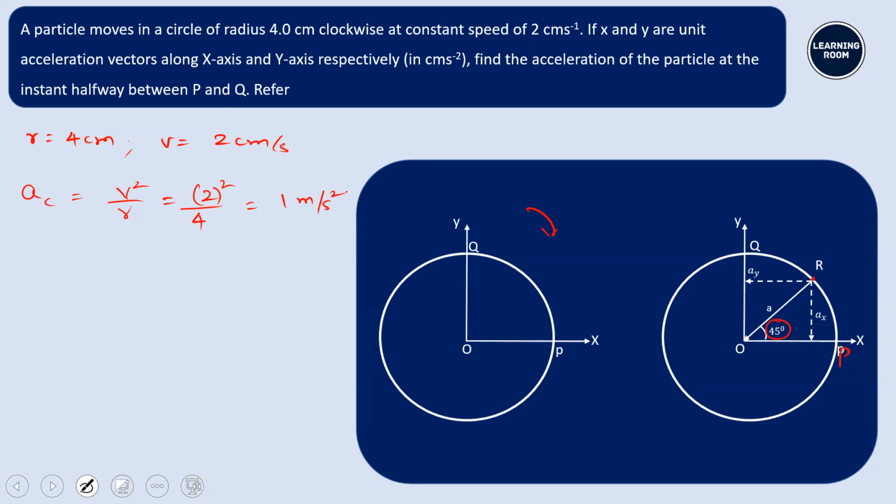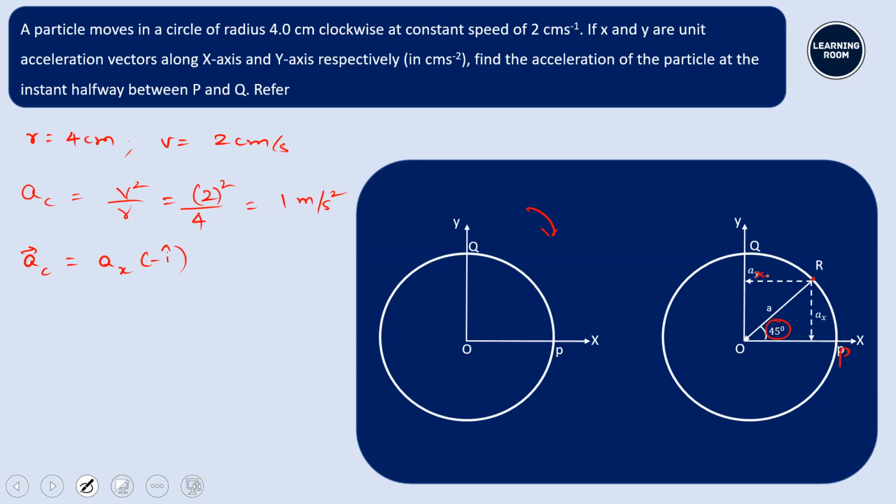But they are not expecting the answer in terms of a scalar value. They are not expecting the magnitude. They are expecting the vector part of it. Means if I have to write a_c as a vector, then it is going to be a_x minus i cap plus a_y minus j cap.